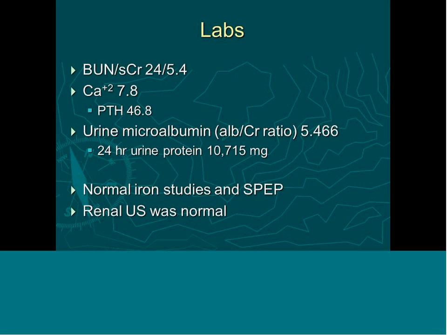The urine albumin creatinine ratio is 5.4. He also had urine protein excretion of 10.7 grams. No studies. Serum was normal. An ethanol level was done, which was within normal limits.